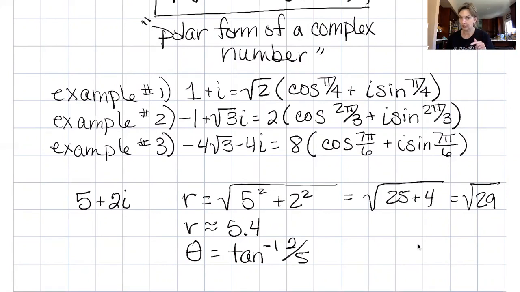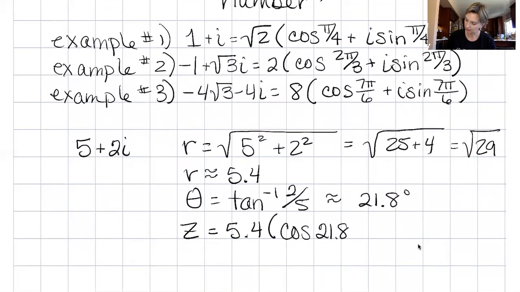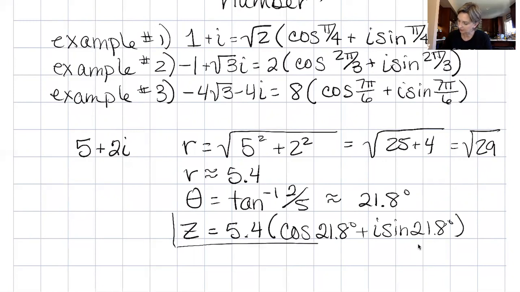So you do 2 divided by 5, inverse tangent, and that's going to give you 21.8 degrees. Now we just plug that into the polar form of a complex number. And you get 5.4 times cosine 21.8 degrees plus i sine 21.8 degrees. And that is your answer.